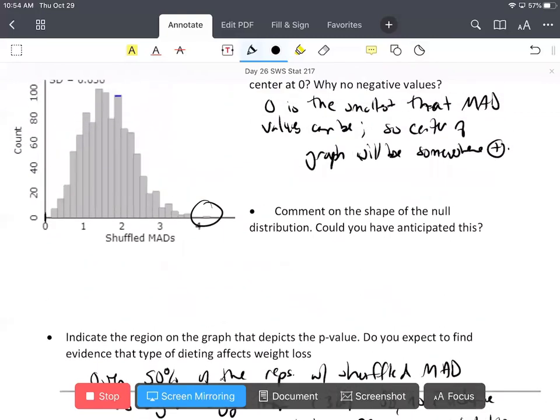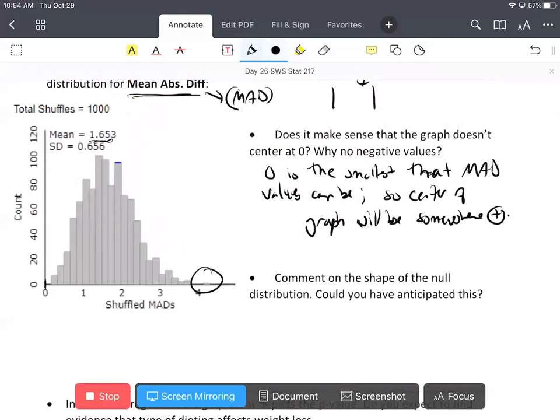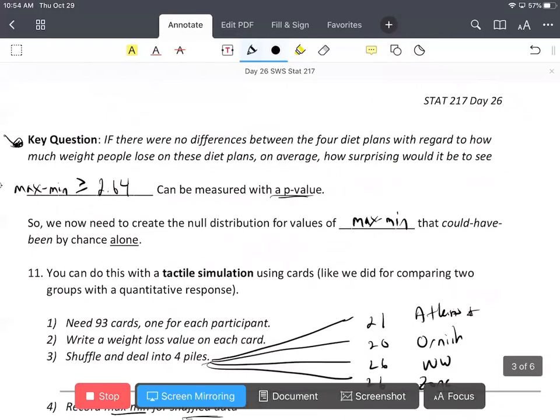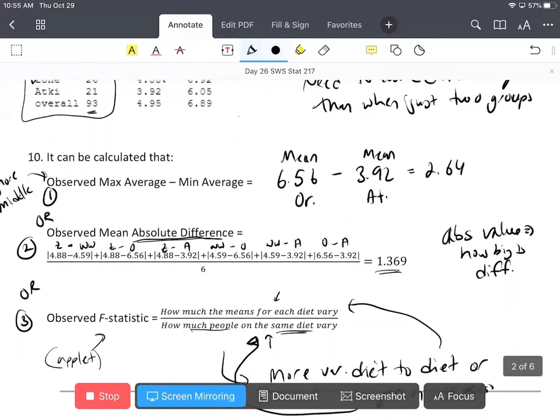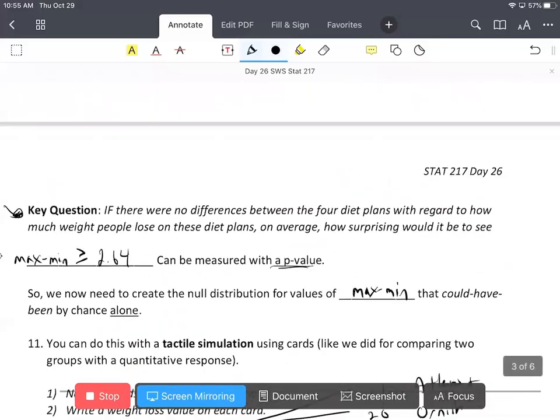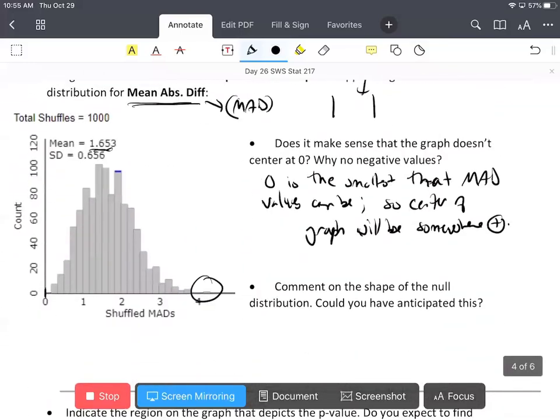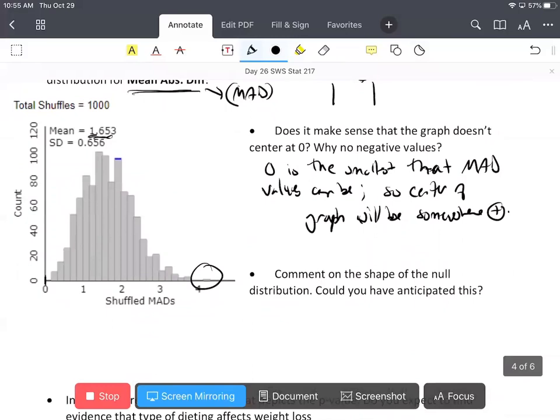And looking at this here, you're like, well, how are you telling? Go back up here, and we calculated the mean absolute difference to be 1.369, right? So we go down to this graph, and I look at the mean, the center is at 1.653. I'm looking at 1.369.